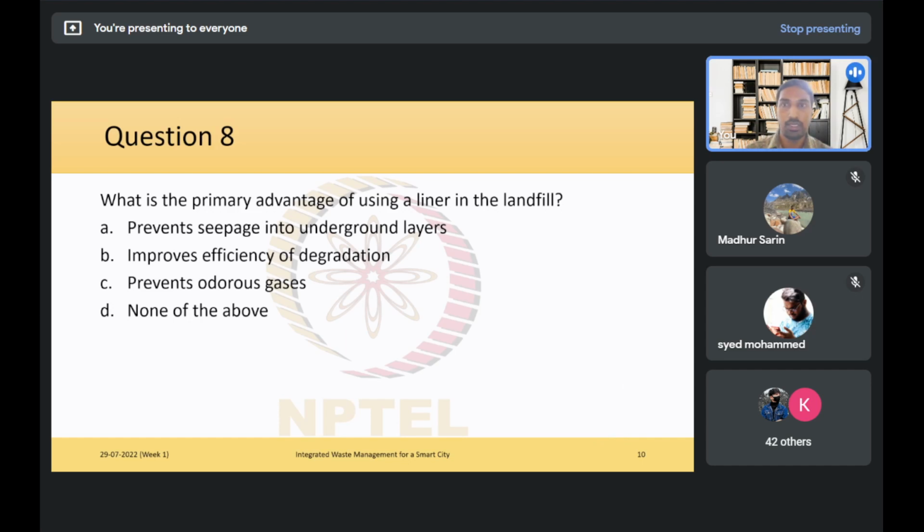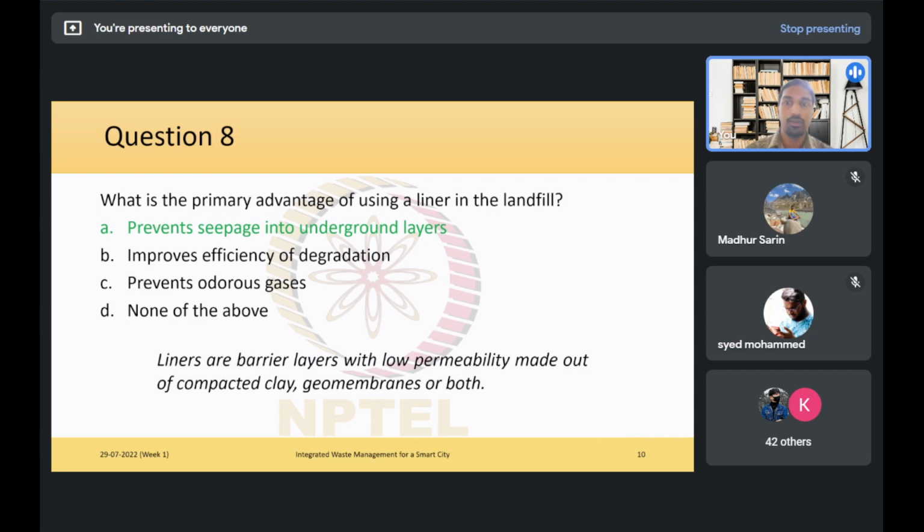It is option A. So what do we mean by a liner? It is a barrier layer, right? We have a landfill site. On the sides and also on the bottom of these landfill sites, we'll have what is called a barrier layer. That is the liner. And what is it made of? It is made of different materials that have a very low permeability.